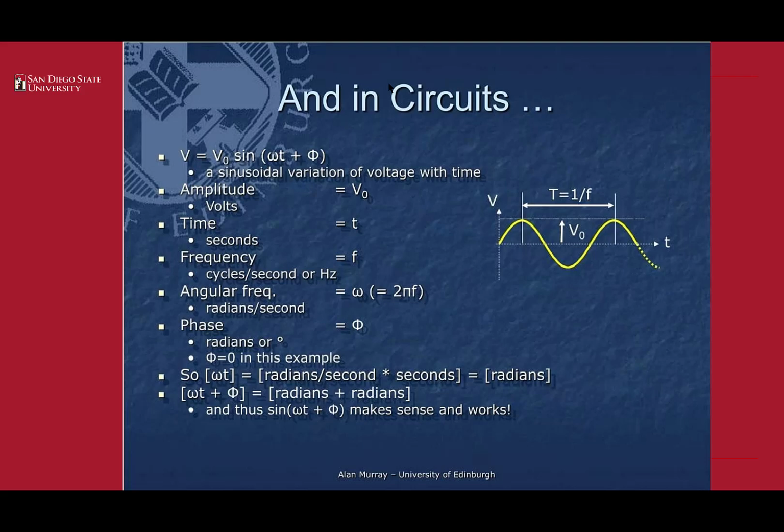Frequency is represented with f, and it's usually cycles per second, or basically hertz. But we do not use time domain frequency in our functions to represent the signals. Instead, for the sake of simplicity, we use angular frequency, which is called omega and is exactly equal to 2 pi f.